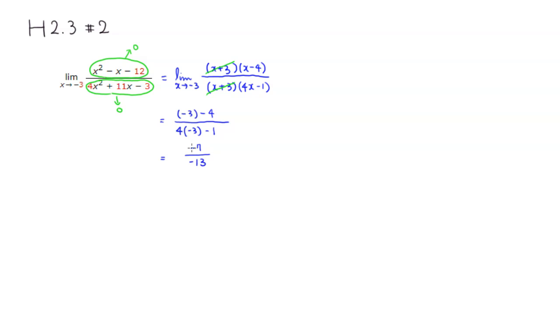There's no point in having a negative sign on top and bottom, so we can scratch those out. So it's going to be positive 7 over 13.